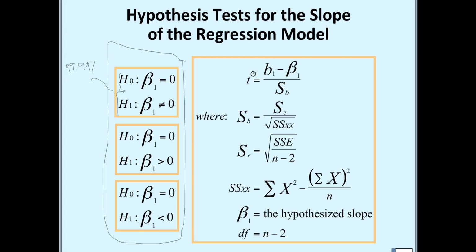So the test statistic, T star, is B1 minus beta 1. Beta 1 is 0 in our hypothesis test, but B1 is what you find from your model. So that is the coefficient or slope of your sample.